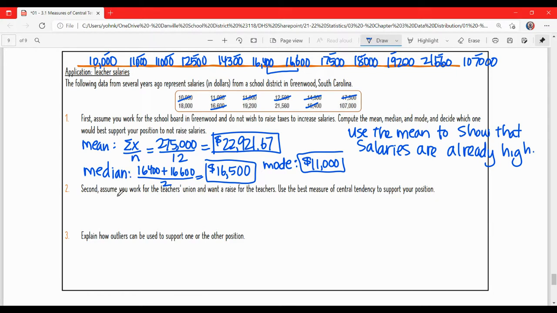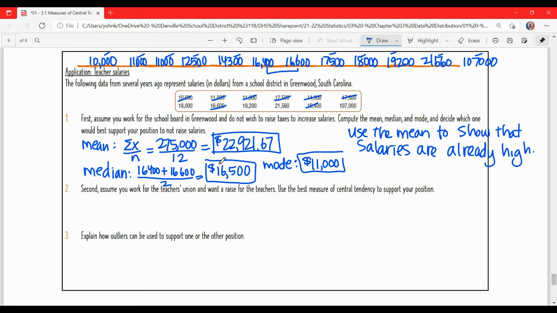Okay, well, secondly, assume you work for the teachers union and you want a raise for the teachers. Use the best measure of central tendency to support your position. Well, you could use the mode. The mode is pretty low. It's the lowest of the 3. Or you could use the median if you wanted to.